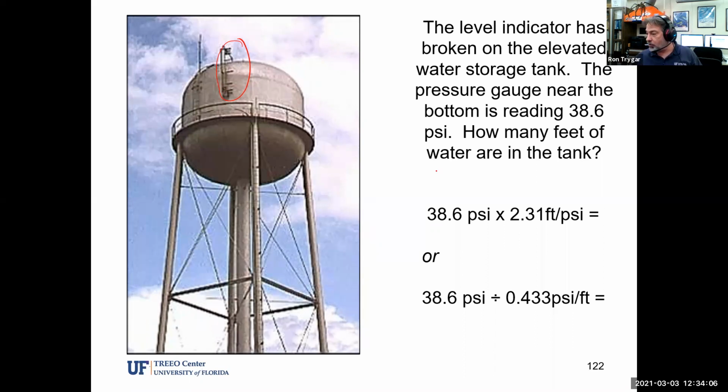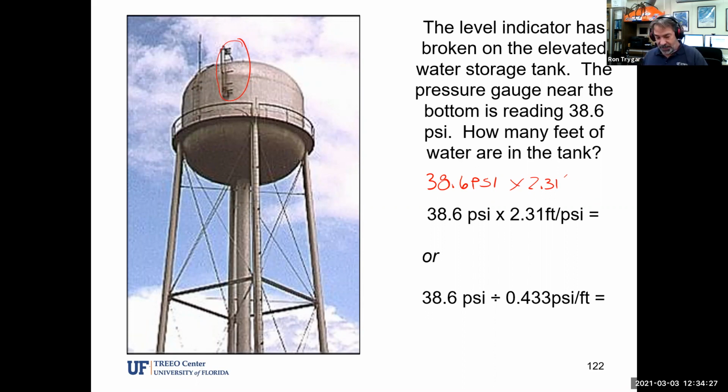So you take the 38.6 PSI and multiply it by the 2.31. I know it's written out there for you, but 2.31 is the feet of water above that gauge.